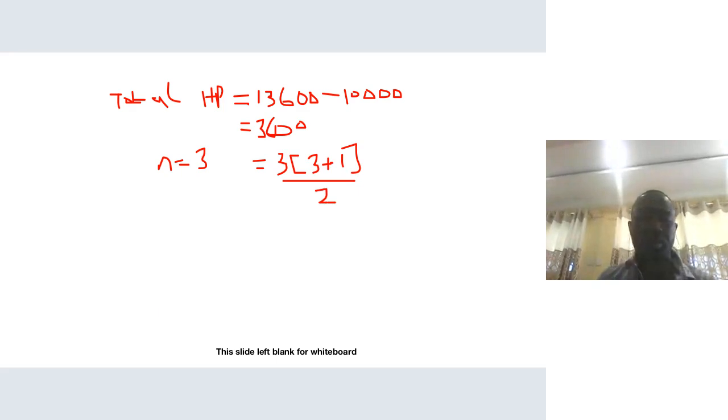So please, you can get that. 3 plus 1 is 4, times 3 is 12. 12 divided by 2, that will be 6. So our sum will be 6. Okay, thank you, Belinda and Kelvin.